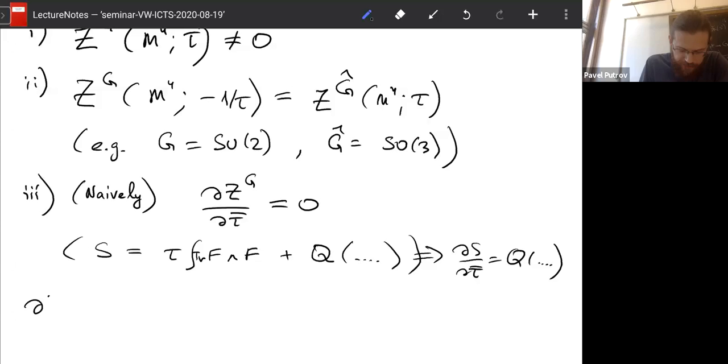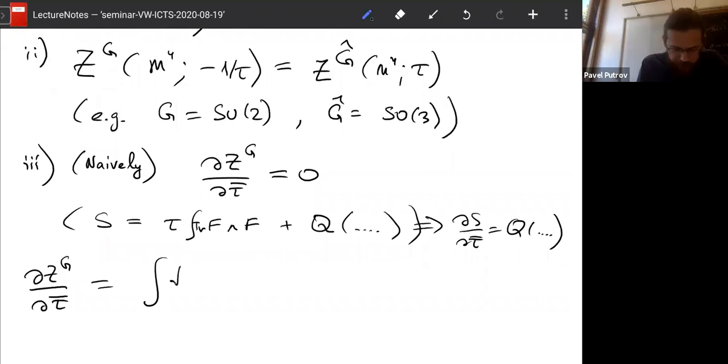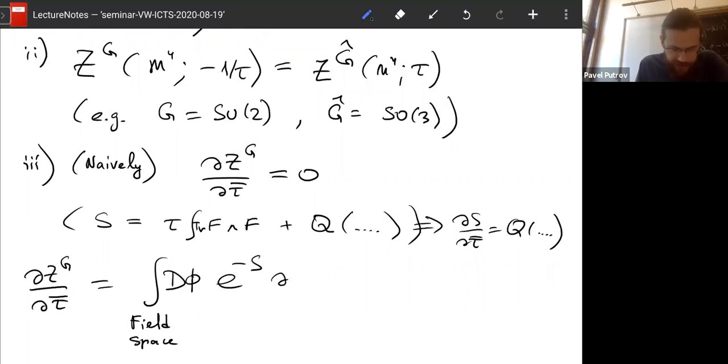Then if one calculates the derivative of the partition function with respect to tau bar, this is given by a path integral over phi, where by phi I denote the collection of all fields, of e to the minus S, and the derivative means that I will also have in the integral the derivative of S with respect to tau bar.